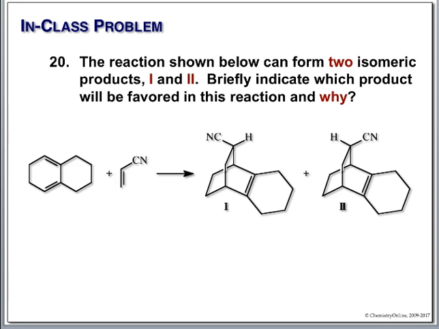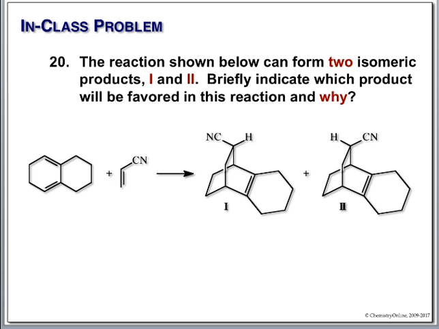What you need to do here is to simply look at them and decide how are they different. The trick here is to look at your double bonds and then look at the substituent on our dienophile.